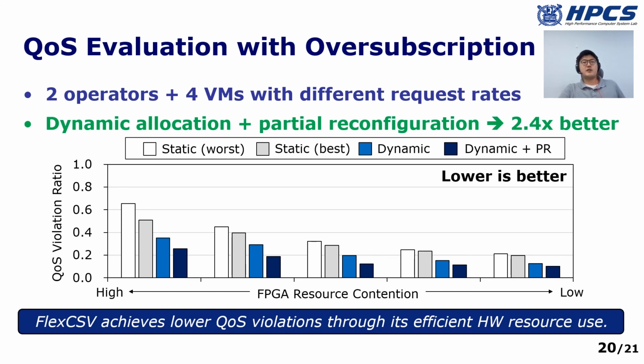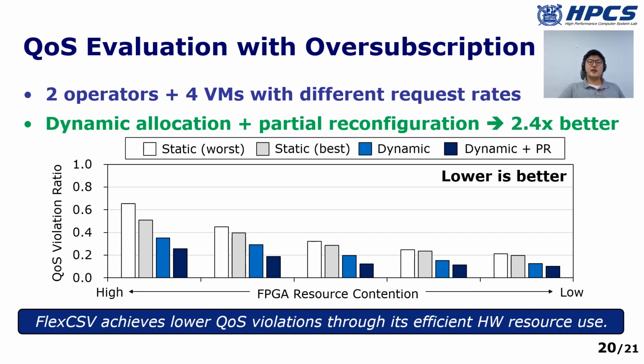In the next experiment, we evaluate the effectiveness of the FlexCSV engine's dynamic resource allocation and scheduling mechanisms. For this evaluation, we ran 4 VMs concurrently and generated the VM workload with diverse request rates. We compared 4 different resource allocation strategies: static worst, static best, dynamic, and dynamic plus partial reconfiguration.